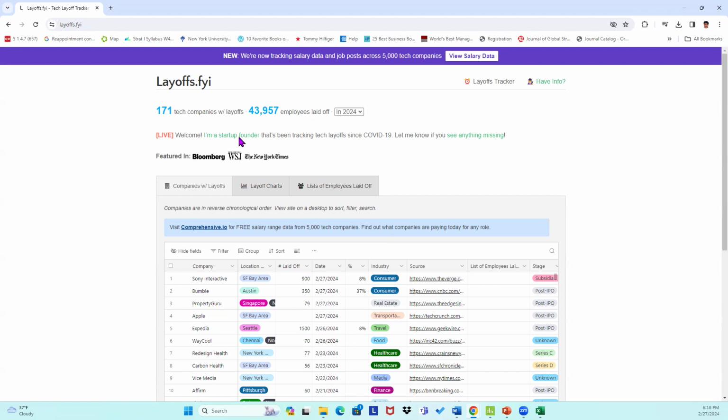This may be happening in your industry, or maybe your industry is hiring, whatever the dependent variable is. So let's say I'm making a model in my industry, the education industry, with the number of layoffs as the dependent variable.